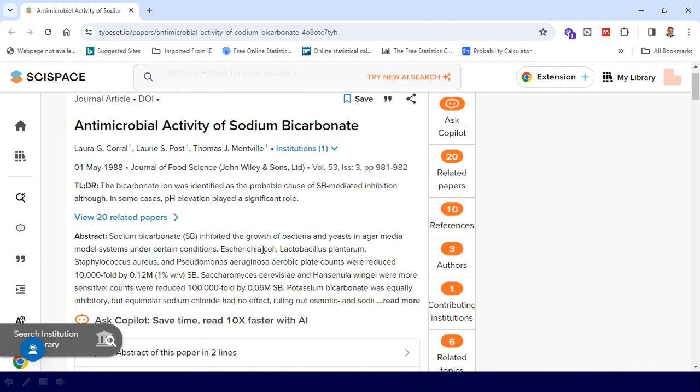Escherichia coli, Lactobacillus, Staphylococcus aureus, and Pseudomonas aeruginosa aerobic plate counts were reduced 10,000-fold by 1% concentration. Saccharomyces and Hansenula were more sensitive. Counts were reduced 100,000-fold.